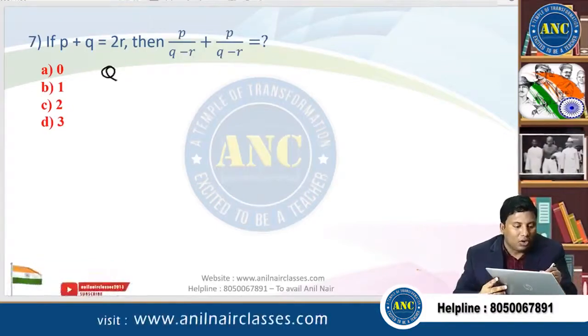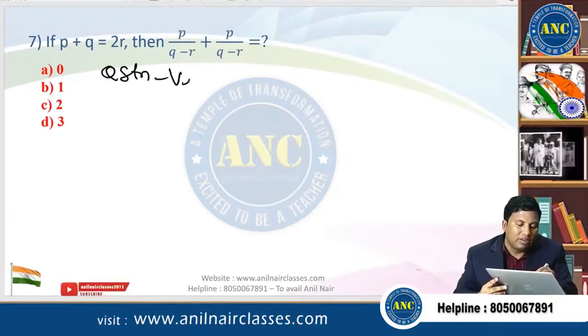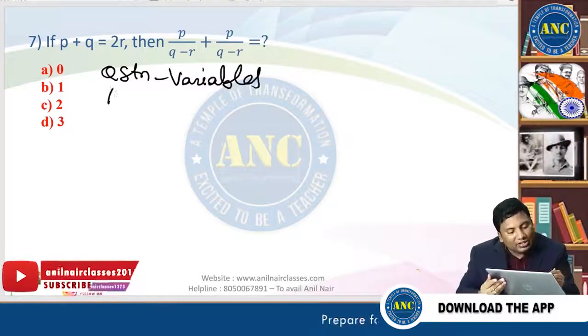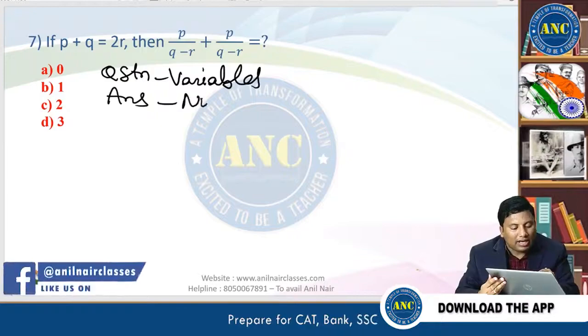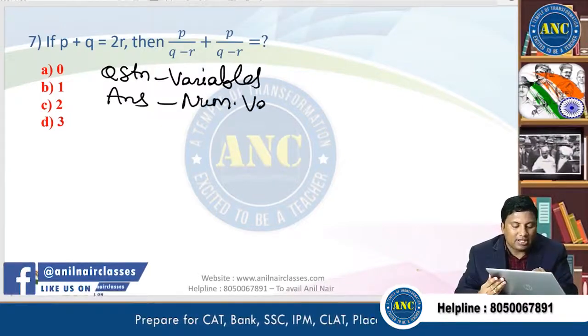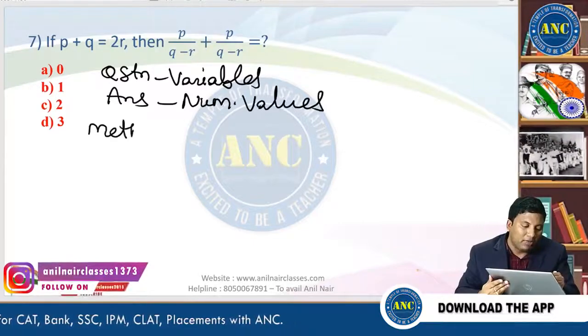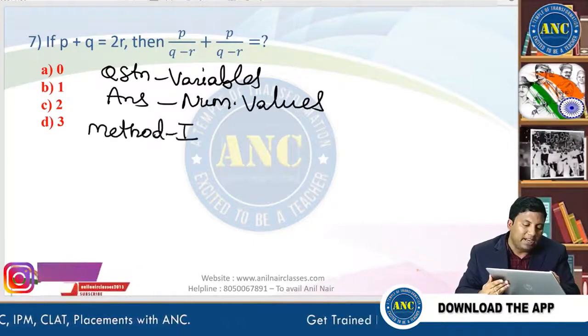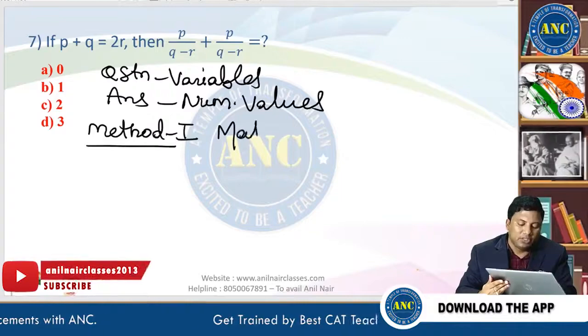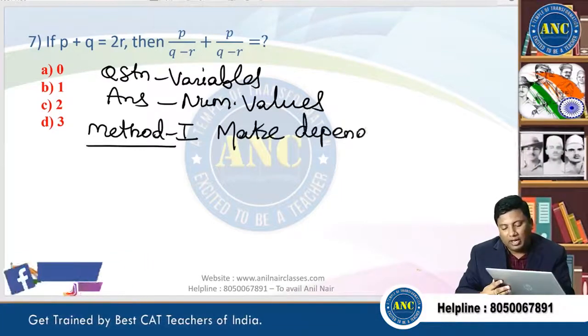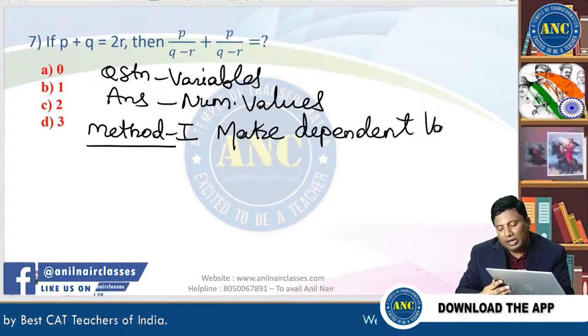Again see here, the question contains variables and the answer contains numerical values. What is the method 1? Method 1 is nothing but make dependent variable 0. Just by looking at a question, you will come to know what the dependent variable is.